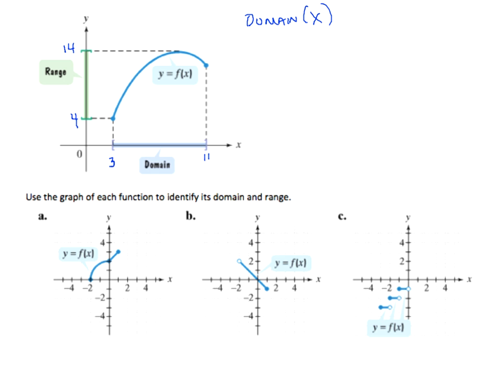So if I drop dotted lines down to give me some boundaries, in the left and right direction, this function exists between 3 and 11 inclusive, because there is a closed dot on both ends. That means that those points exist on the function. They have y values. So the domain for this function would be 3 to 11 inclusive on both ends.